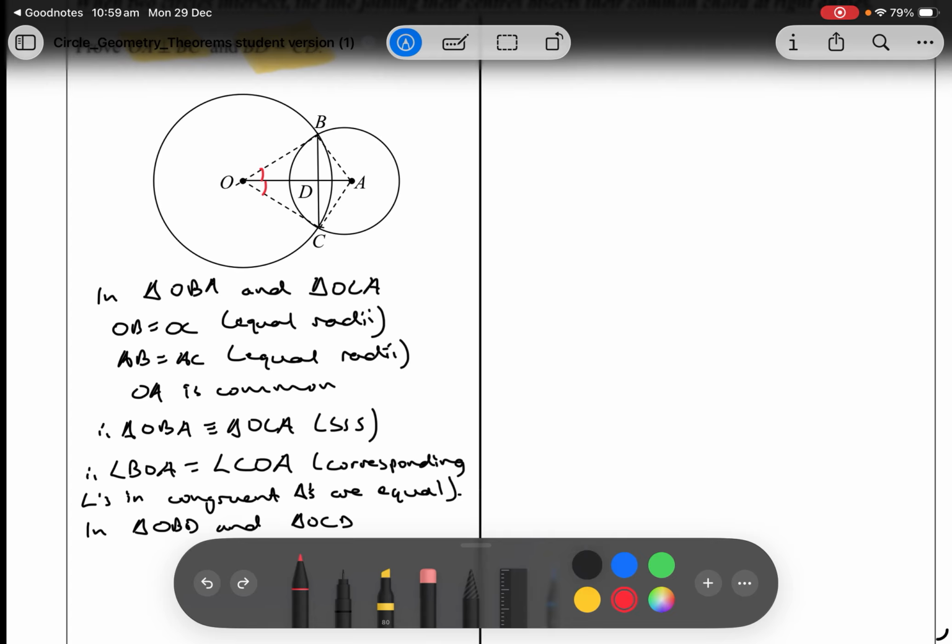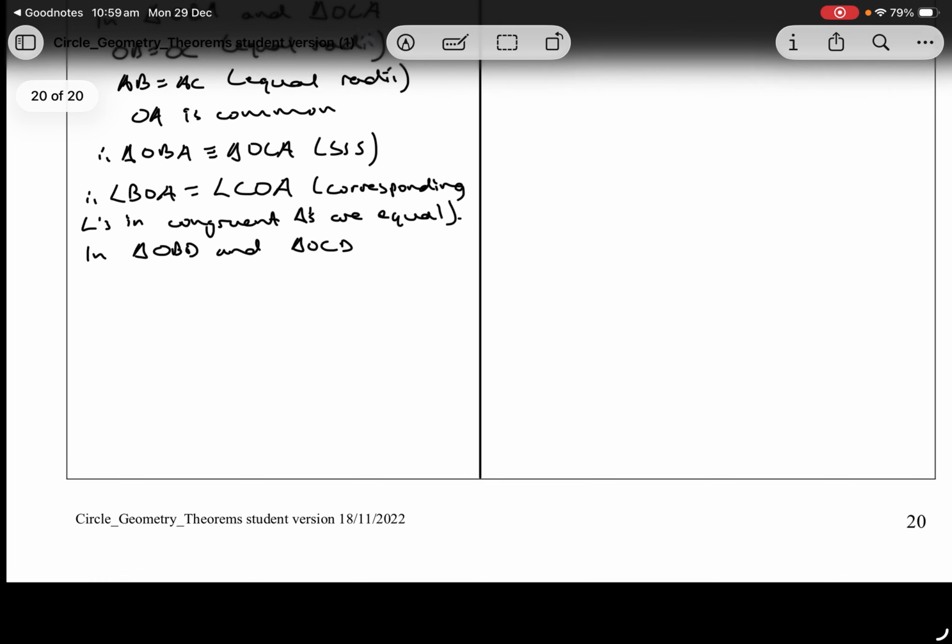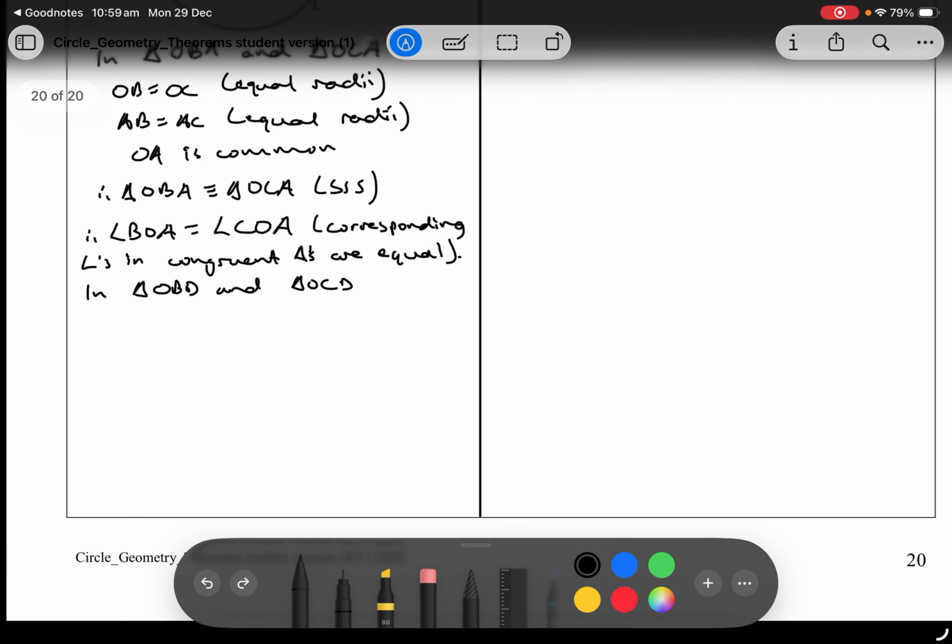So triangle OBD and OCD, we can say that OB equals to OC, and these have an equal radii. We can also say that, like we found before, angle BOD is equal to angle COD, apologies.